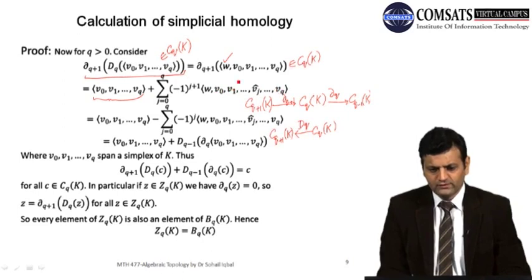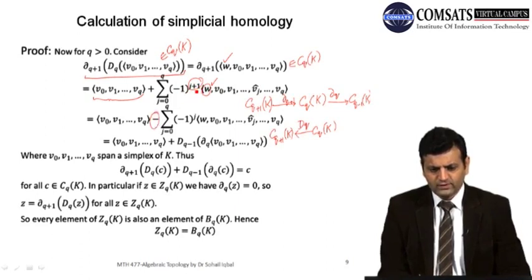When you delete one vertex, you multiply it by minus 1 raised to power j plus 1. So why j plus 1? Because we have included this W on this side as well, so I need to add 1 for each and every vertex. Okay, so now I can write down this plus 1 over here.